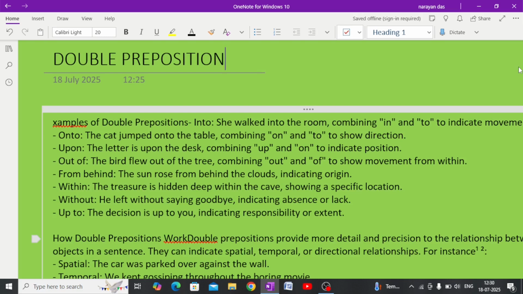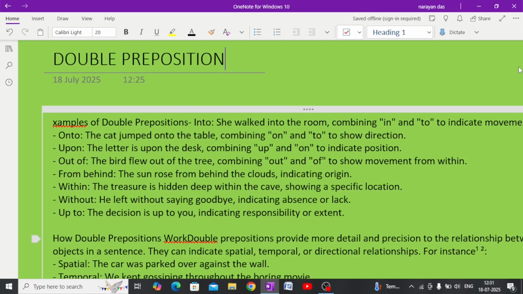Here I have discussed double prepositions, that is, two simple prepositions combined together or put side by side, juxtaposed to make a double preposition. In my previous videos also, I discussed some double prepositions. Though they are double, they carry the individual meaning of the simple prepositions.